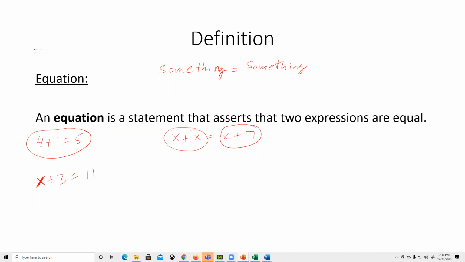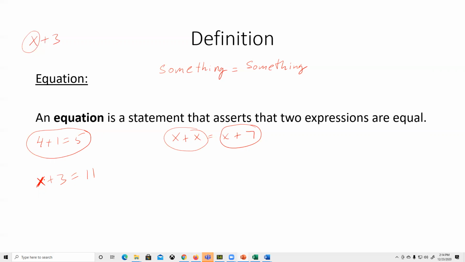Before dealing with equations, when we had an expression like x plus 3, there was no way for us to say what the value of this mystery number x is. But when we put it in an equation, when we have x plus 3 equals 11, we suddenly have enough information to figure out the solution.